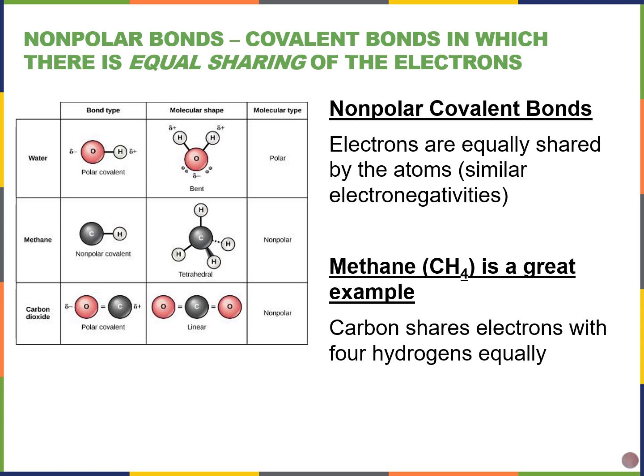In this first nonpolar covalent bond example, we're looking at carbon and hydrogen. These have very similar electronegativities. Carbon has an electronegativity of about 2.5, hydrogen 2.1. So they both like electrons fairly equally, and there's no charge difference in this bond.